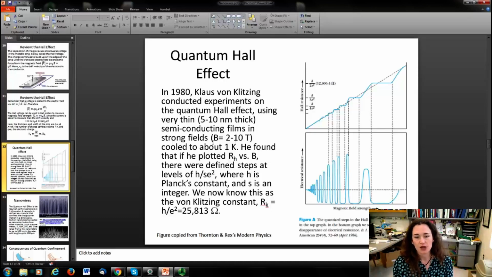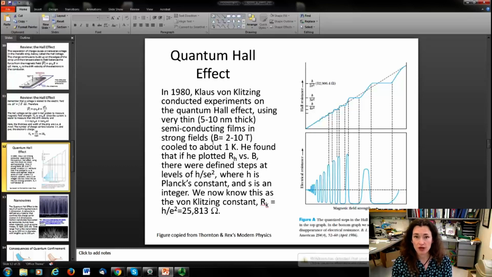All right, so he cooled these materials to about 1 Kelvin. Remember, liquid helium is 4 Kelvin, so this is pretty impressive. And then he found that if he plotted the Hall resistance versus magnetic field strength, B, ranging up in value, he could see defined steps in his conductance value or in his Hall resistance values.